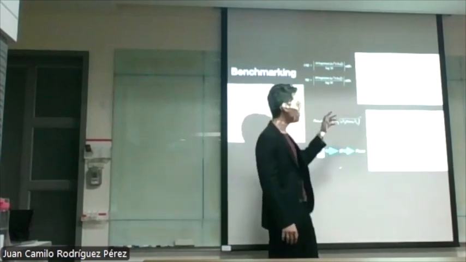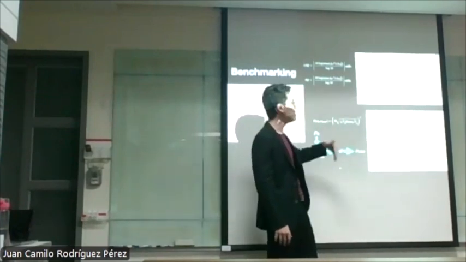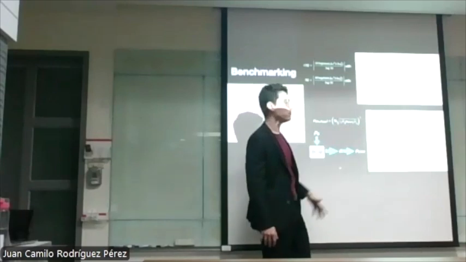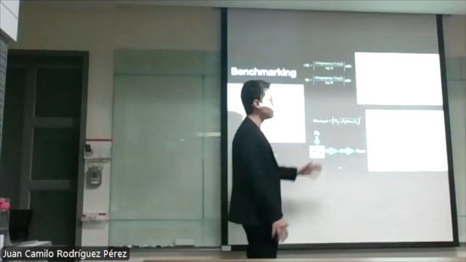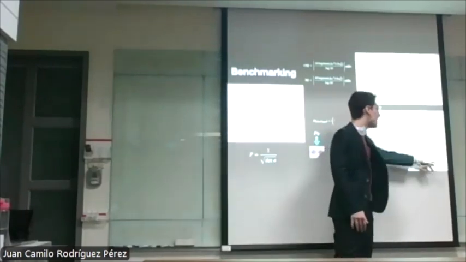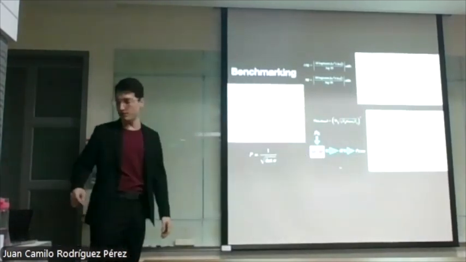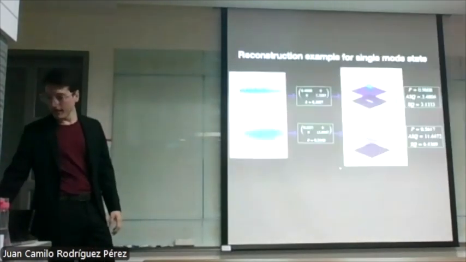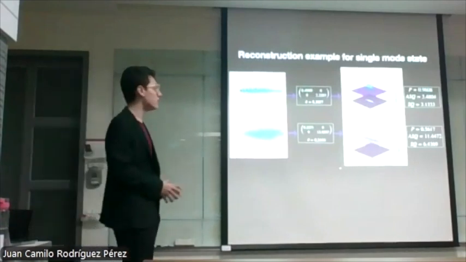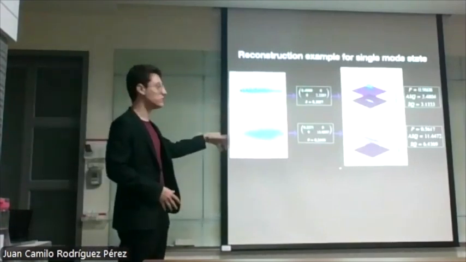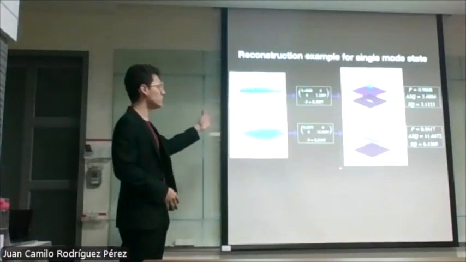So machine learning methods reach a high level of fidelity compared to the maximum likelihood methods. The good thing is we can keep high levels of fidelity for high squeezing levels up to 10 decibel.